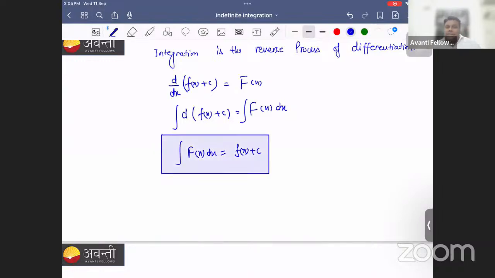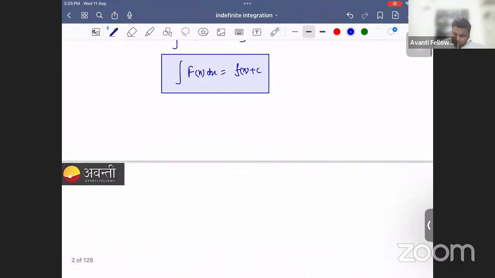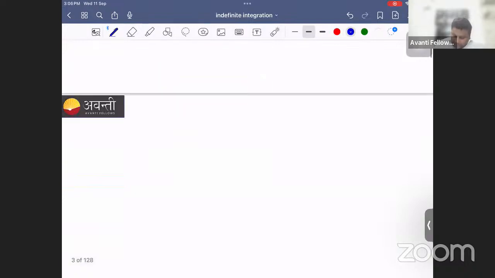That is why I said that integration is the reverse process of differentiation. So if the derivative of a is b, then the integration of b is a. Got it?